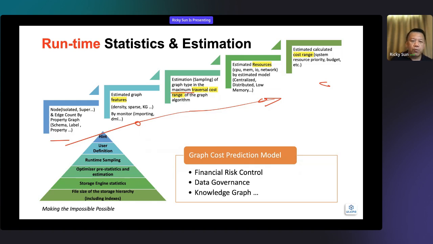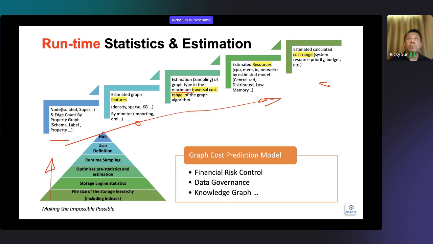Of course, if we are viewing things in a pyramid perspective, the file size of the storage, the storage engine statistics, and also how you can do pre-statistics, runtime sampling, and even user-defined estimation in a heuristic and hinted way.